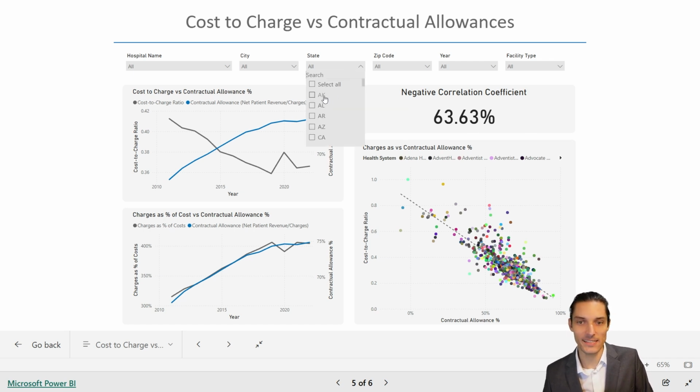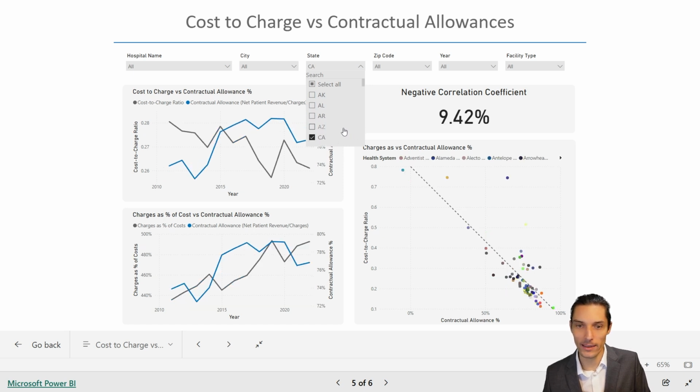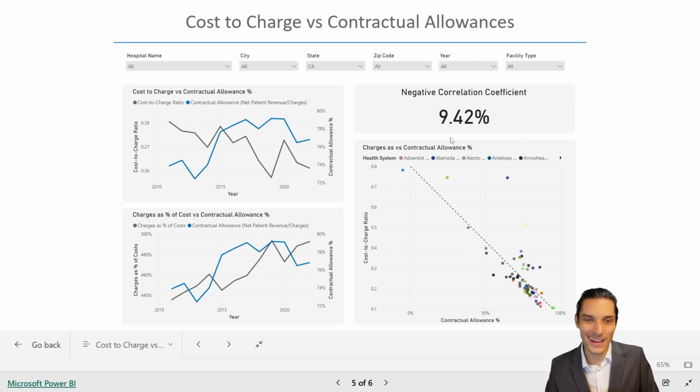So if we take specific states, then we'll see how correlated cost to charge ratios are with contractual allowances. If we look at, let's say, California again, what we will see is that there isn't that much of a correlation between cost to charge ratios and contractual allowances, which is very, very interesting. There's a negative correlation of 9.42, but that's not as highly correlated.